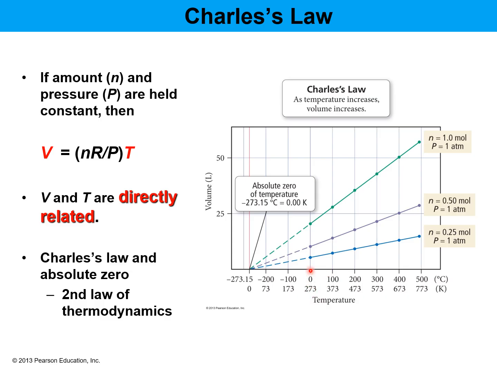When you extrapolate the line, it goes to the same point, where it shows 0 for Kelvin, but the value for degree Celsius is negative 273.15. That's why when you convert degree Celsius to Kelvin, you have to add 273.15, and this is why in the calculation of Charles's law, you need to convert all the temperatures to Kelvin.